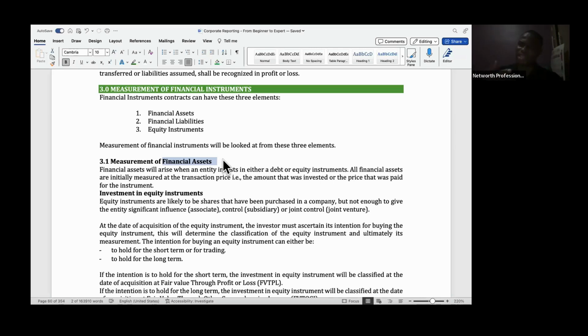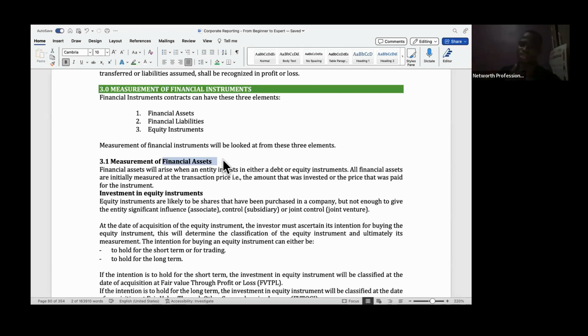Either you are investing in debt, meaning you lend somebody money that will give you a contractual right to receive cash, or you bought shares, which is investment in equity. The way it is initially measured is just at the transaction price, which is usually the amount you have invested or the amount that was paid for the instrument.